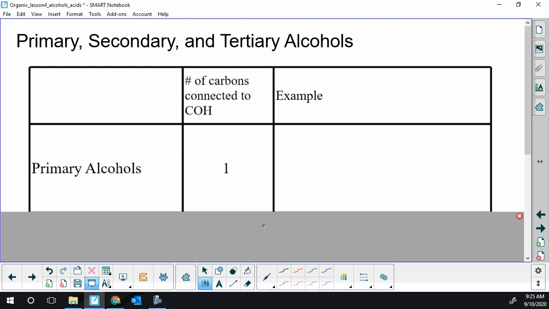Now I'm going to color code this. You don't have to, but I'm going to make the COH one color.